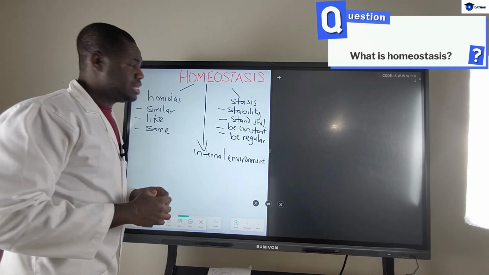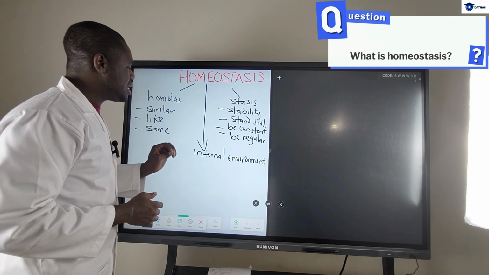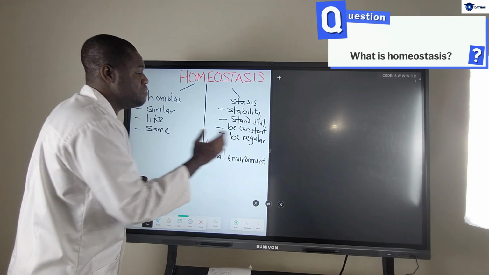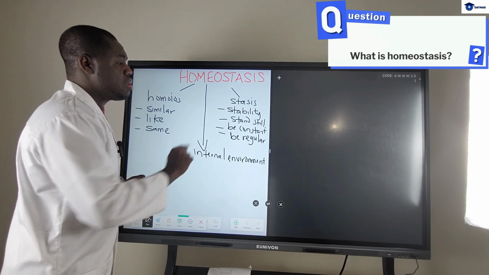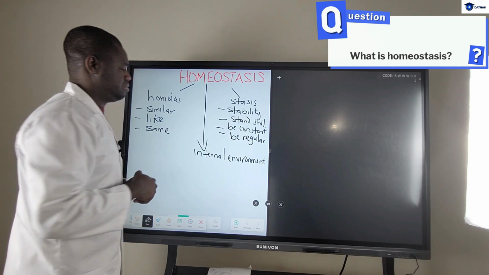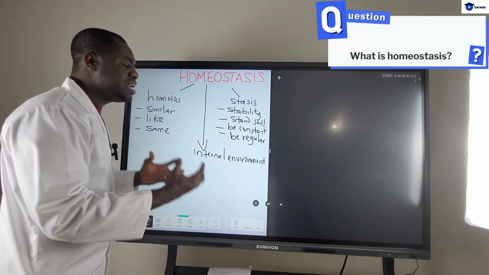In other words, homeostasis ensures that the conditions in the internal environment are constant, are stable. And what is this internal environment?